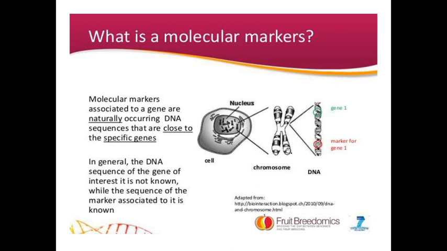These chromosomes are highly condensed in nature and have various exonic and intronic sequences. In those exonic sequences there are various genes of interest, and suppose this is some gene and this is the marker for that same gene. That marker will be used for the identification of the particular gene.